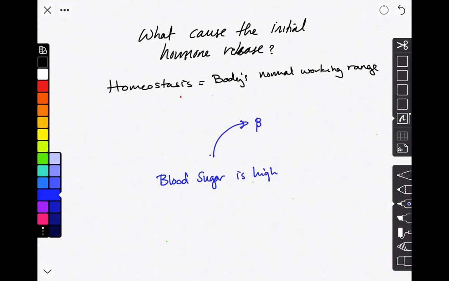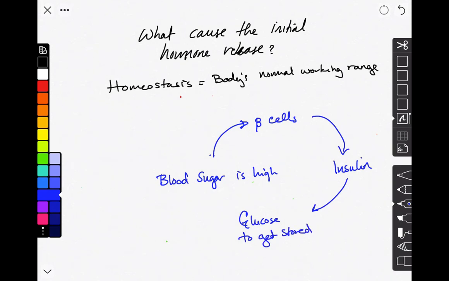It's going to go to the beta cells, and the beta cells are going to cause a release of insulin. And that insulin is going to cause glucose to get stored. And it gets stored in your fat, it gets stored in your muscles, and we store it predominantly in our liver as a molecule called glycogen.